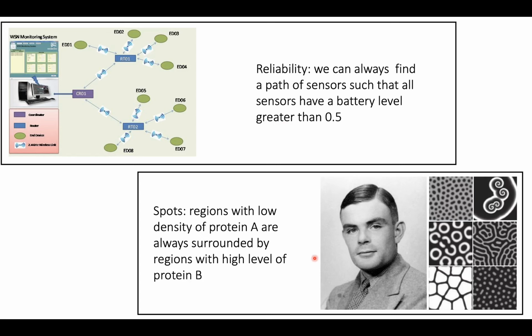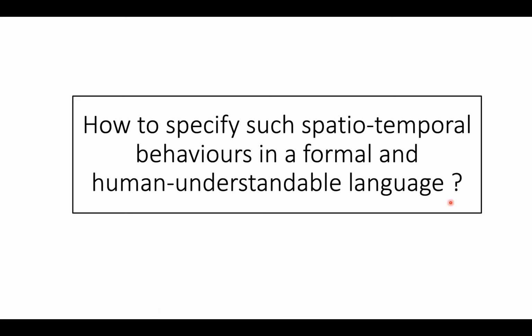And in the last one, we can take one particular type of pattern as example, the spots, so the formation of spots. This can be described in words as: we have some regions with a very low density of a protein A, and these are surrounded by regions with a high level of protein B.